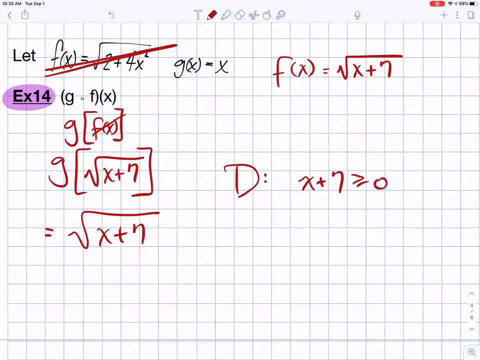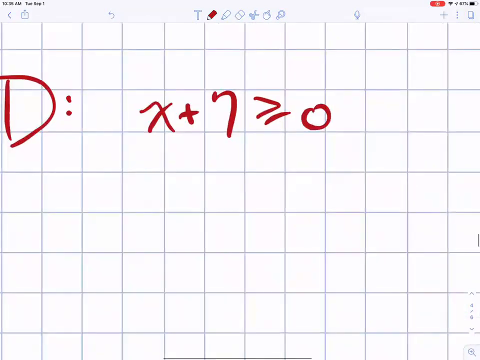Because remember, inside a square root has to be positive numbers or equal to 0. And then I'm going to solve. Okay, so how do I solve that little guy? Subtract 7. So all of my x's have to be greater than or equal to negative 7.